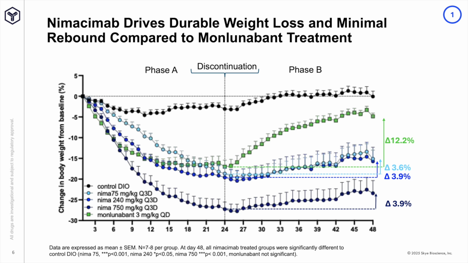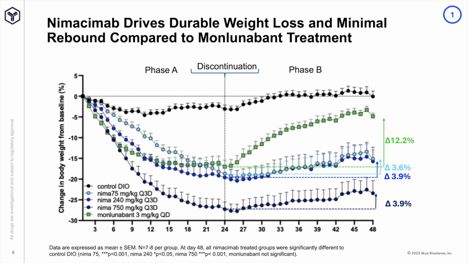And ultimately, this therapeutic comes in slightly less efficacious than either of the lower doses of nimacimab, ending up at about 17% on day 24. So different curves for sure, and maybe an earlier flattening of the weight loss curve with monlunabant.